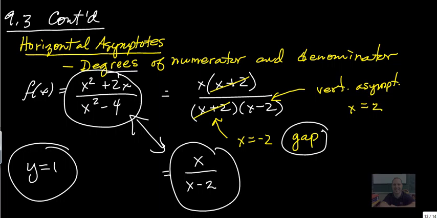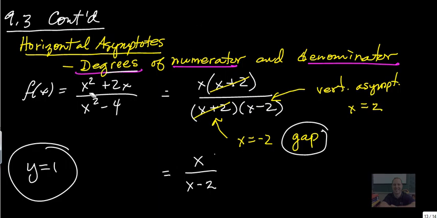And how the shortcut works is you really just look at the degrees of the numerator and the denominator. For those of you that have forgotten what degree means, okay, the degree is really the largest exponent on the variable in any of the terms. And so the degree of this numerator polynomial function is 2, because of that 2 right there.